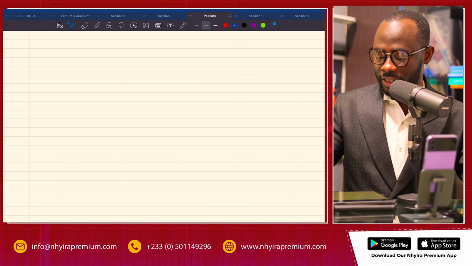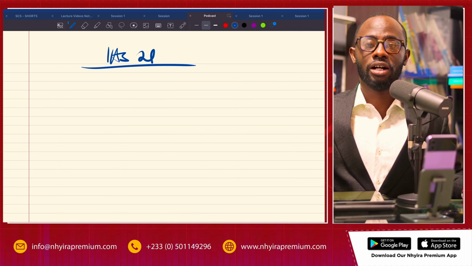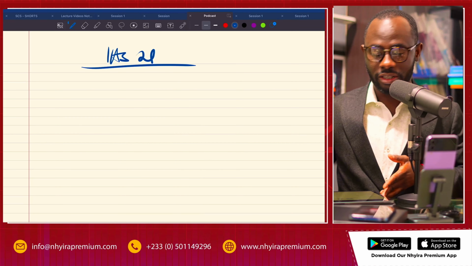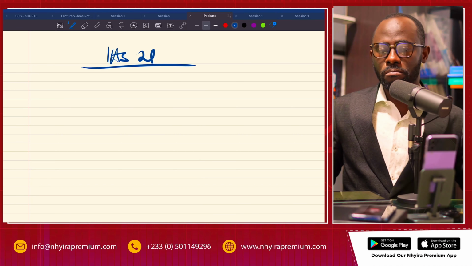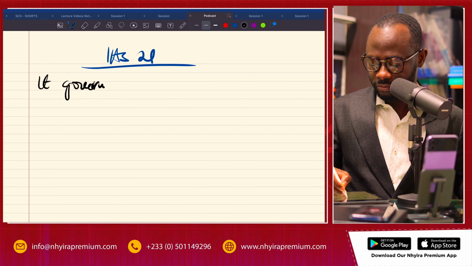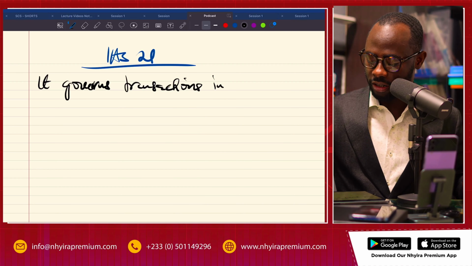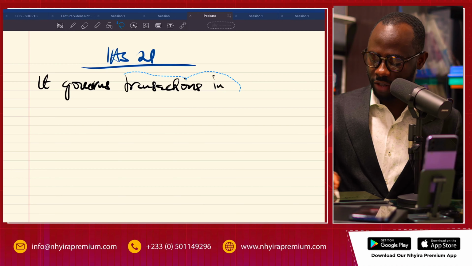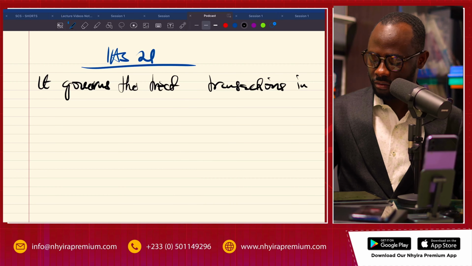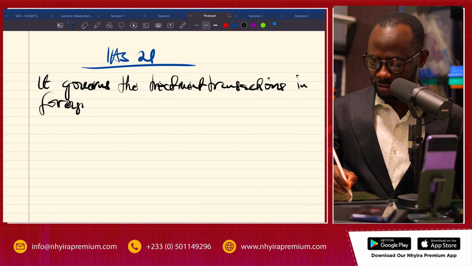So what is this standard about? It's an interesting accounting standard that we need to know about and realize how we are going to be doing the various treatments in respect of it. The main thing about IAS 21 is that it governs the treatment of transactions in foreign currency.